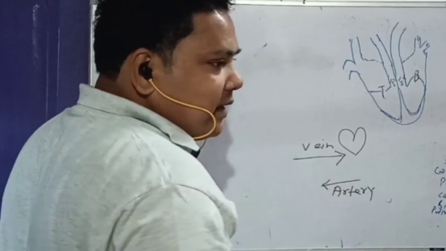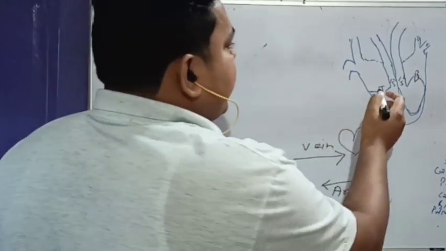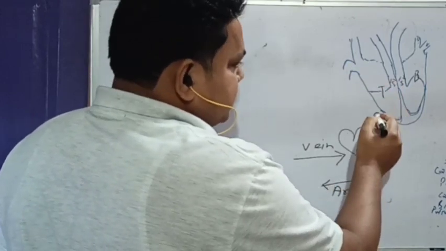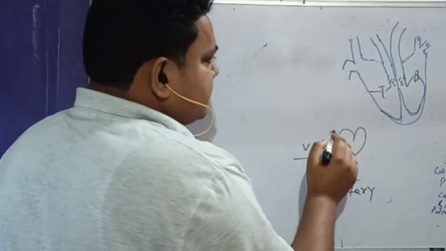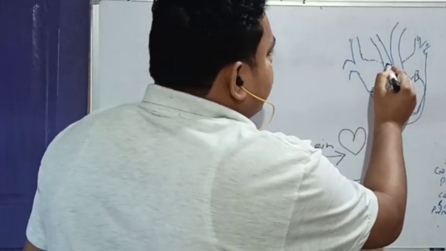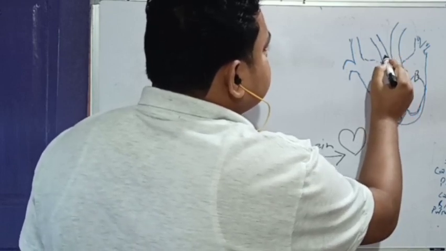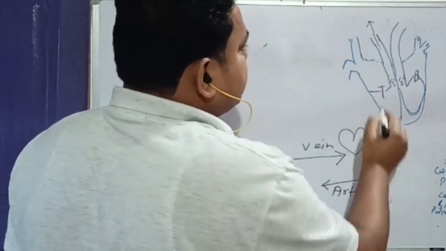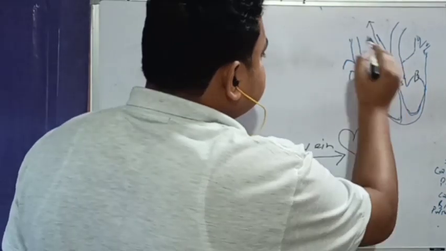All the arteries carry oxygenated blood, it is also right. But here we find that one of the arteries carries deoxygenated blood and one of the veins carries oxygenated blood. This is the pulmonary artery. It goes away from the heart. But what blood does it carry? It carries deoxygenated blood.